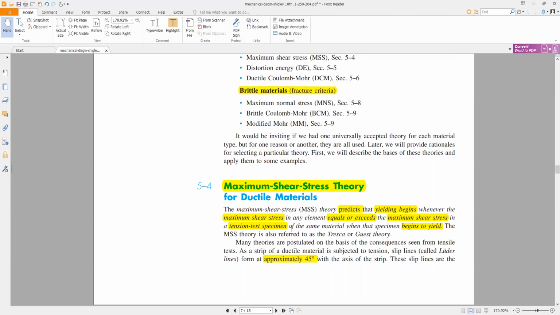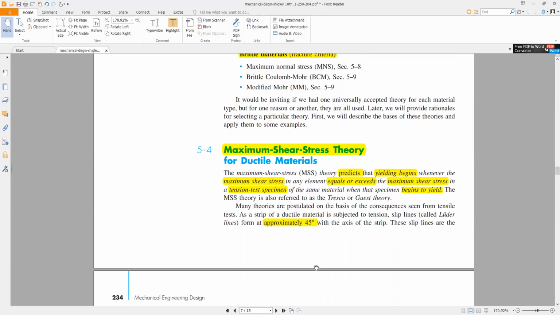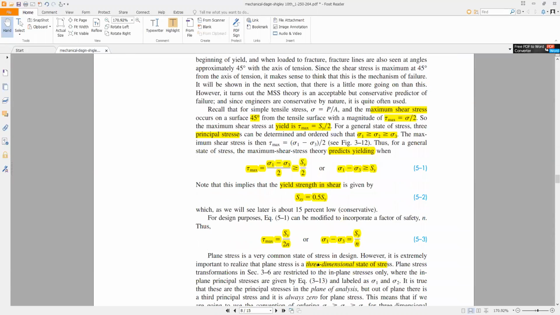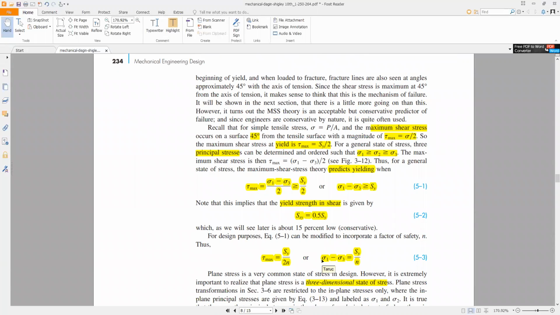So we have a value for that. If you go more than the value of the testing specimen, you start to yield. Most of the time, the crack will go at approximately 45 degrees to the axis, because the shear stress is maximum at 45 degrees in that condition.